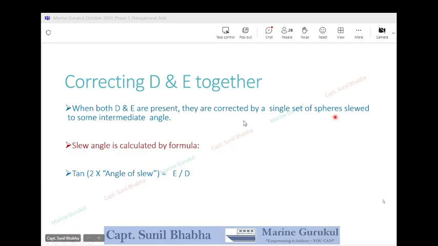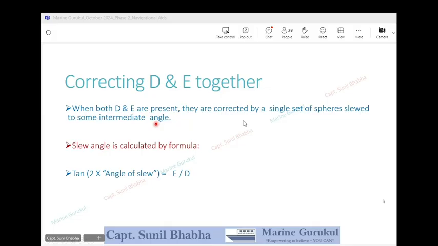We do not need to use two separate sets of spheres. Coefficient delta is corrected by placing the spheres in the athwartship direction. Epsilon is corrected by placing the spheres at a 45-degree orientation to the fore and aft line. But if both of them are present, they can be corrected using a single set of spheres which are slewed or turned to some intermediate angle in the direction of the resultant of both these coefficients.